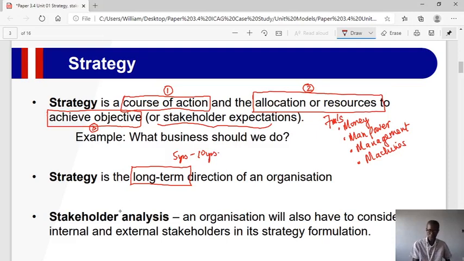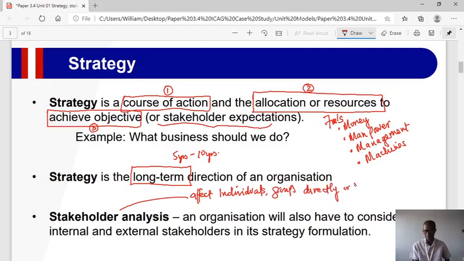So how will the strategy affect individuals, or how will the strategy affect groups? And this may be direct or indirect, and vice versa, meaning how these other groups' activity may affect the organization.